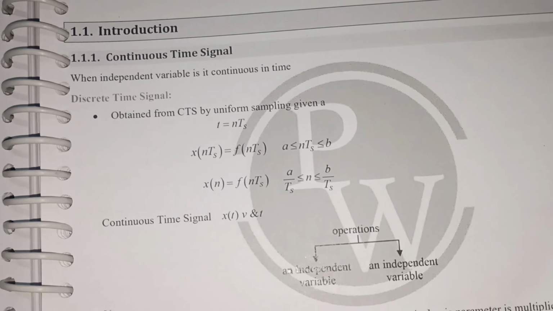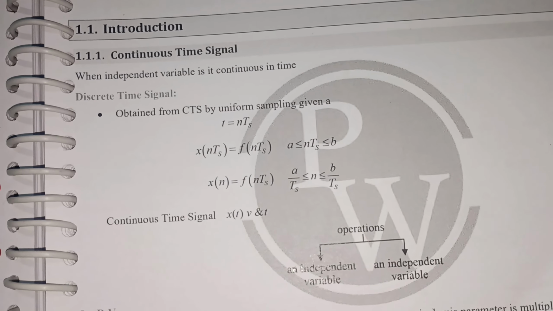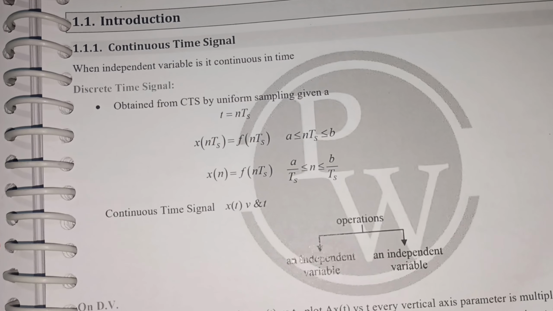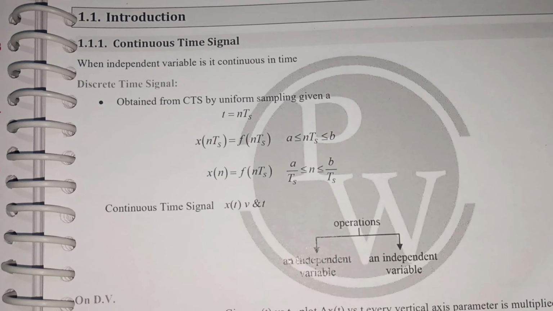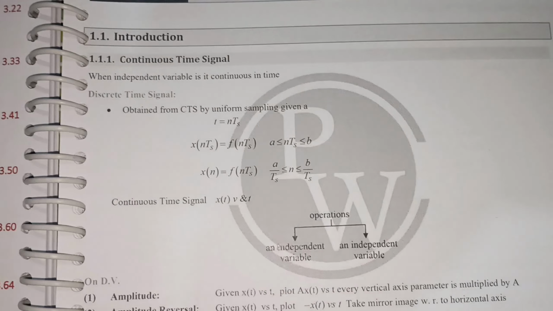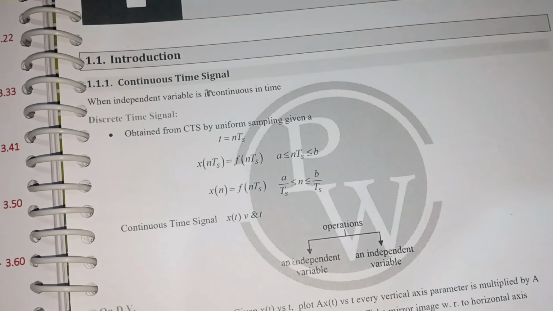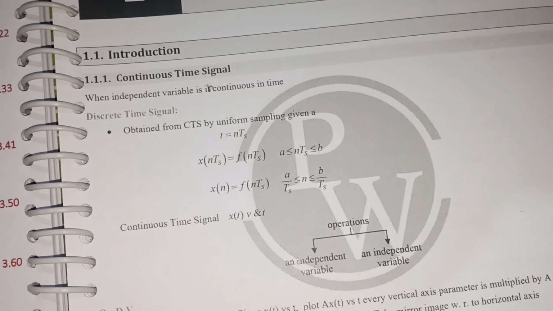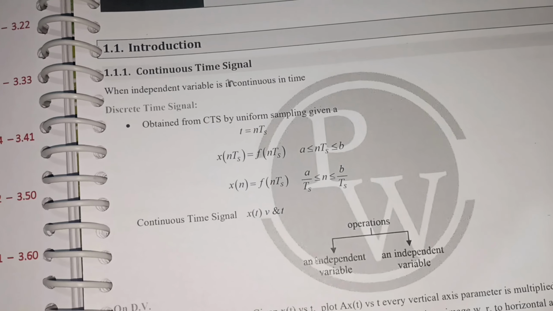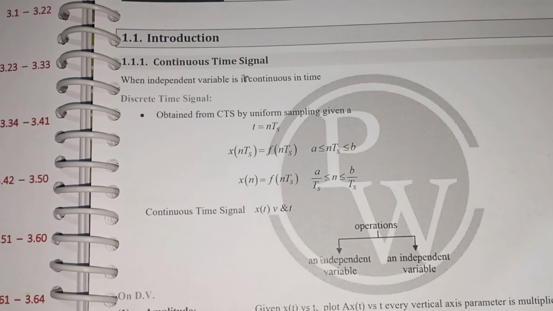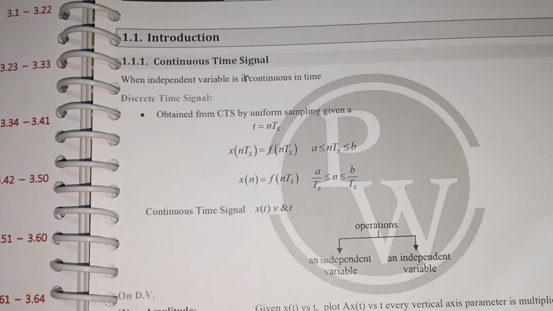When the independent variable is continuous in time, it is a continuous time signal. Discrete time signal is obtained from CTS by uniform sampling, given as t equal to nTs.